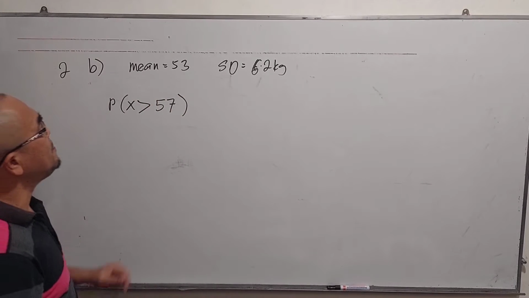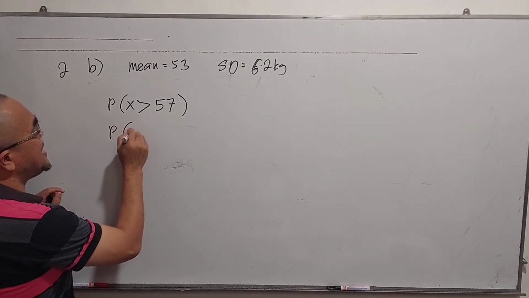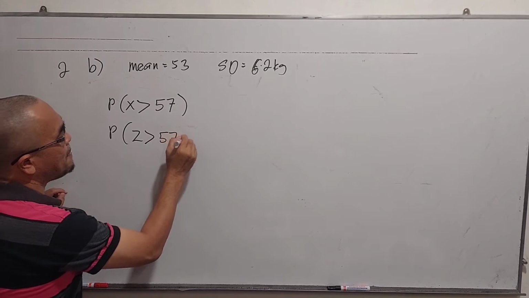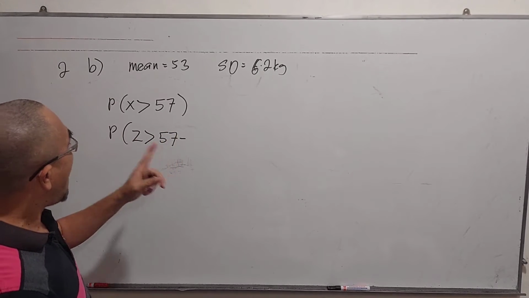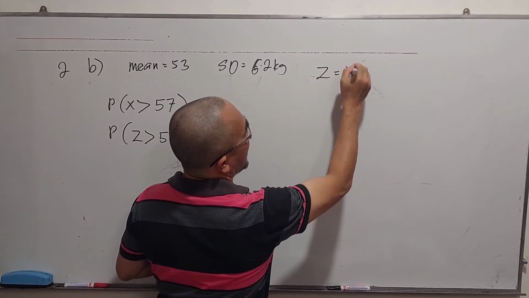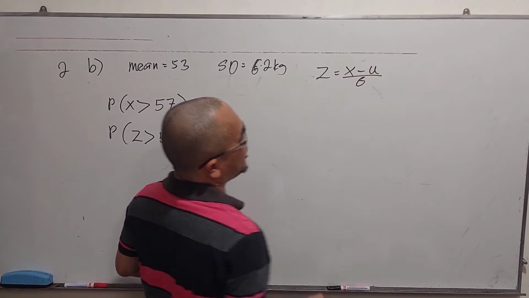So from here you have to change from x to z. So P(Z more than (57 minus ...)). How to change from x to z? So z is x minus mean over standard deviation.